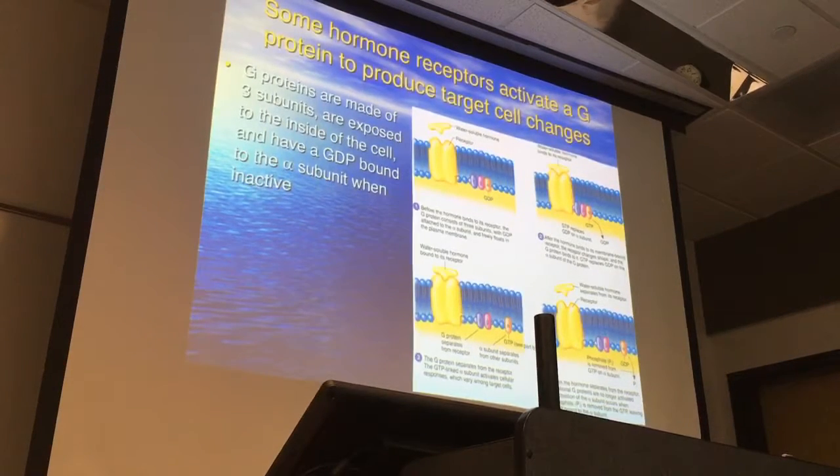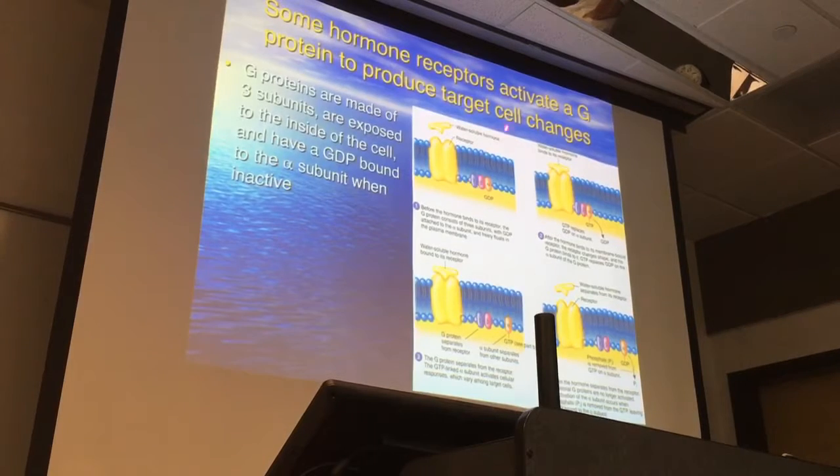Okay, so we're going to have that water-soluble hormone bind a protein receptor in the membrane. The cell put the receptor there. When that hormone binds the receptor, the G protein, which has 3 subunits, alpha, beta, and gamma, okay? The alpha one has a GDP attached to it, guanine diphosphate, and that's why it's called a G protein, the guanine.